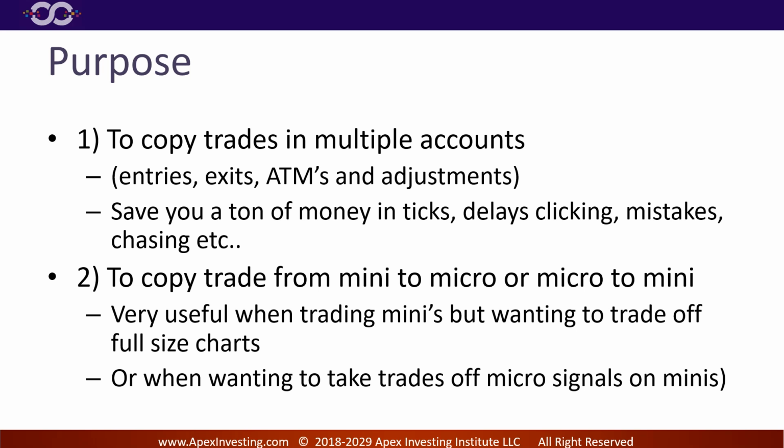Okay, so not just your entries and exits like groups using market orders, but actually everything. Everything you do in one account will be copied in the other account. And that will save you a ton of clicks going between DOMs or charts. Having a bunch of charts open will save you a lot of resources, delays in clicking, mistakes, chasing trades, making bad decisions, and spiraling downward. Okay?